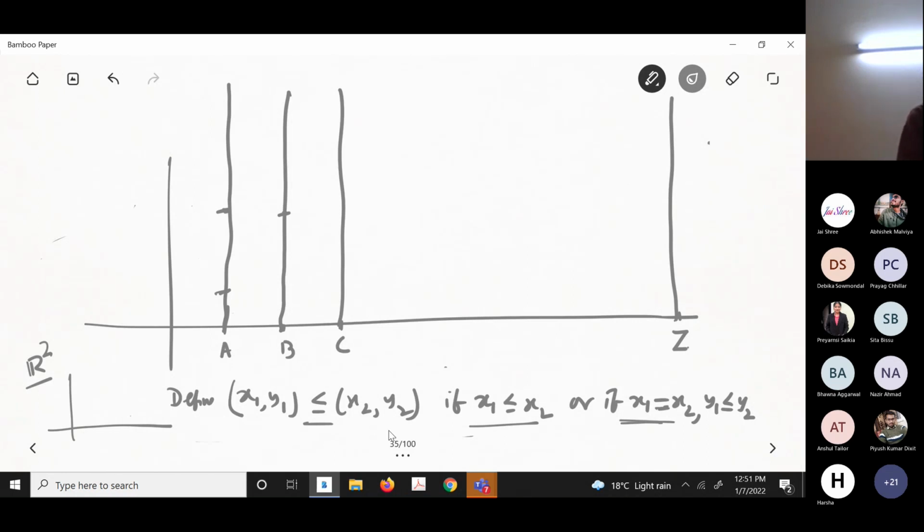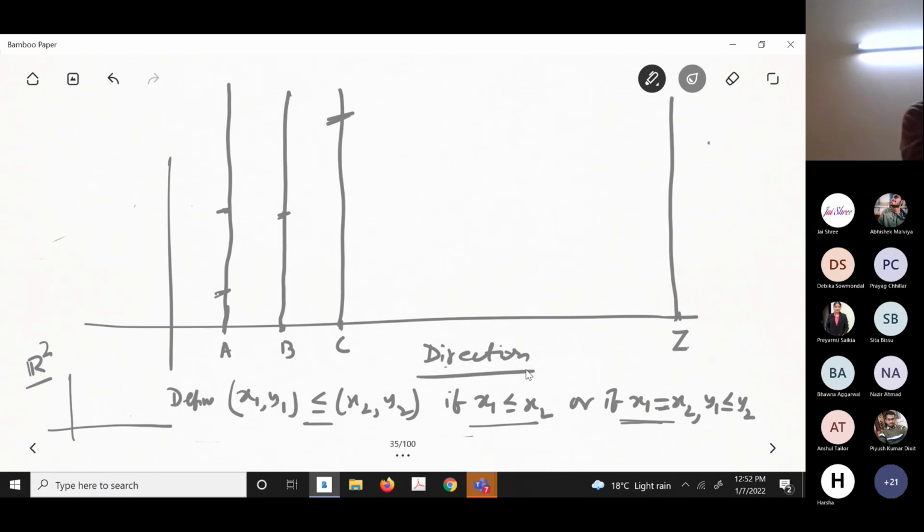This is called the dictionary order. Now look, you can easily check this is reflexive, this is transitive, and this is cofinal. If you have this, I can choose this, or I can choose another one here. So this is a direction. So dictionary order gives a direction.